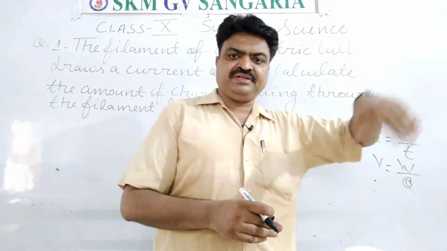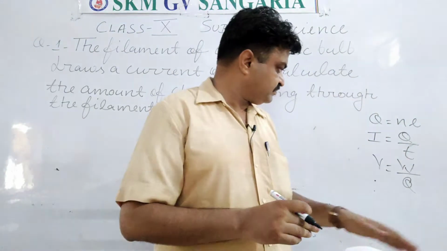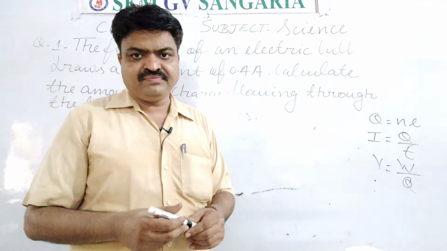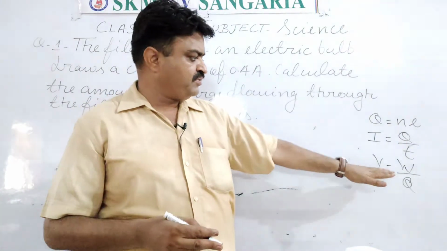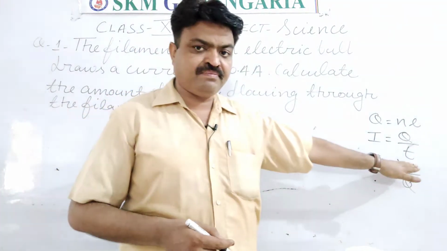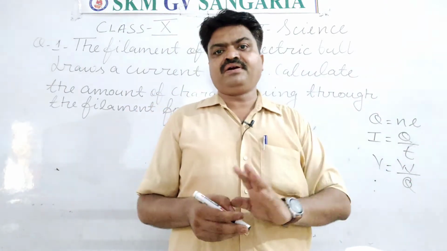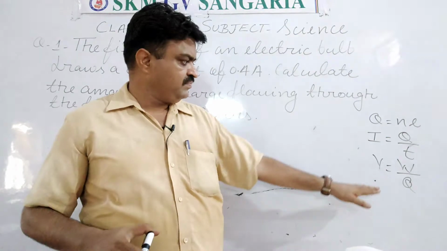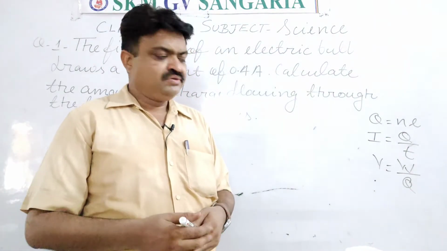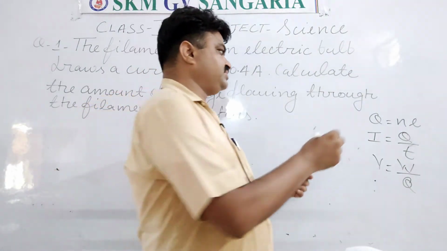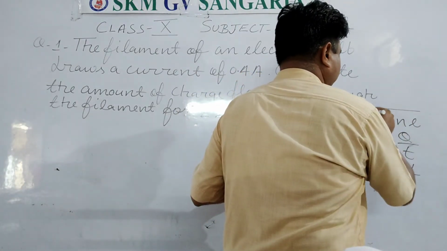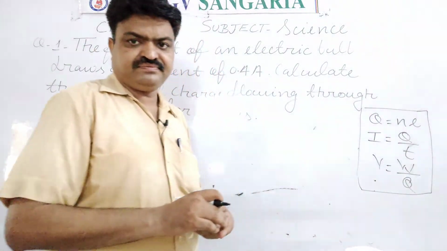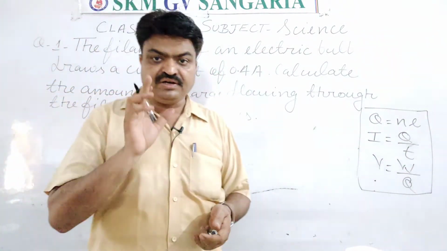What is the definition? Electric potential is the work per unit charge done by a conductor. So these are the three formulas that we have discussed. Today we will discuss only the numericals related to these, so try to learn these important formulas.